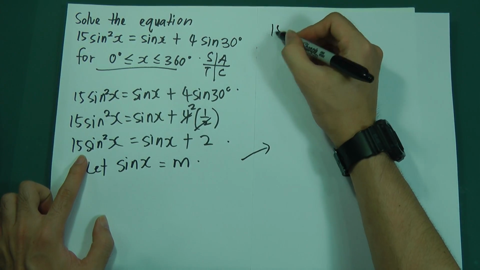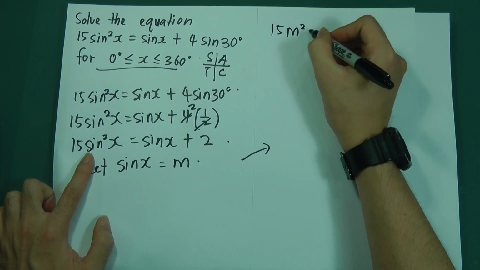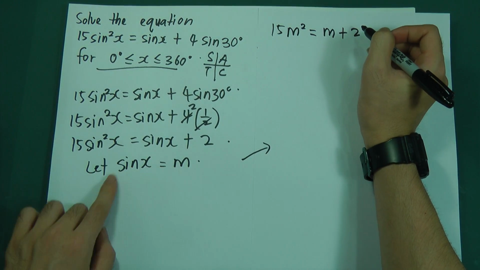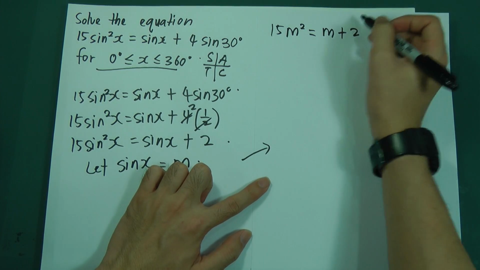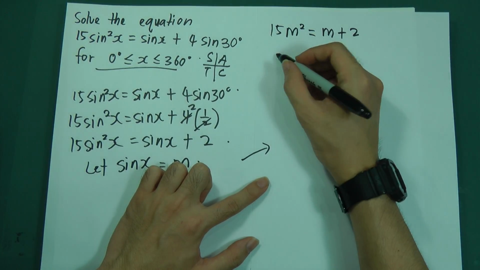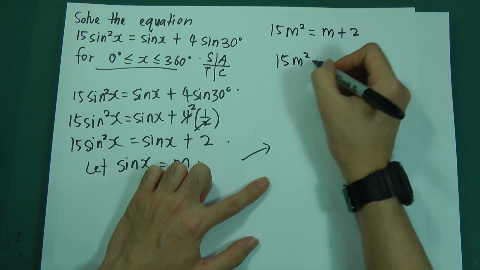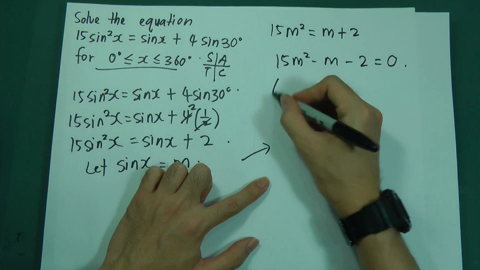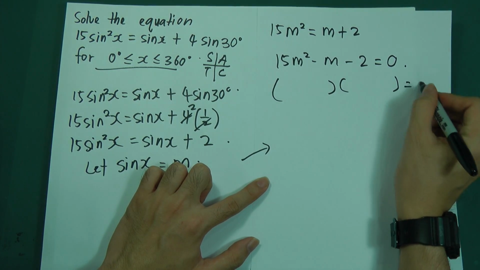So this becomes 15 m square equals m plus 2, because I let sine x equal to m. So I'm going to move everything to that side and make it become 0, because this is the normal way we solve quadratics. 15 m square minus m minus 2 equals 0. Then I can easily factorize.